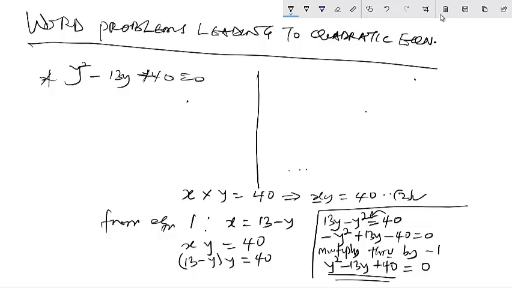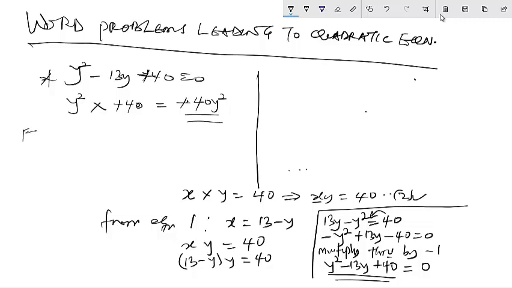Like we have been doing in our factorization method, you multiply the first term, which is y squared, by the last term, which is plus 40. Your first term is y squared, so multiplying that by plus 40, you will get plus 40y squared.